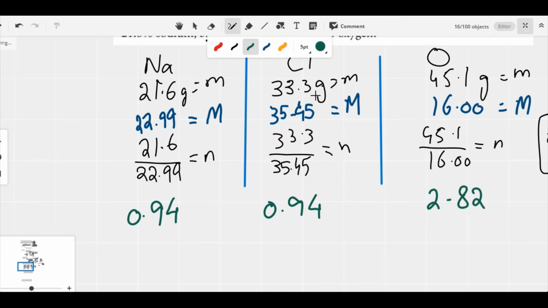Now, as we know, the empirical formula is the simplest whole number ratio, but these are not whole numbers. So we need to divide by the smallest number, which is 0.94, to obtain the lowest ratio.